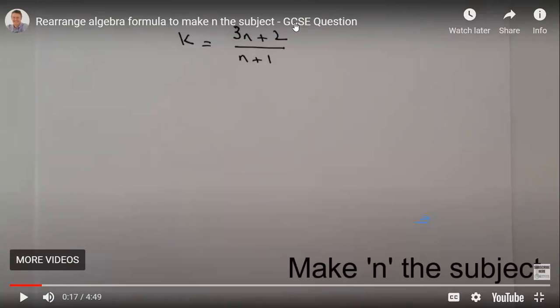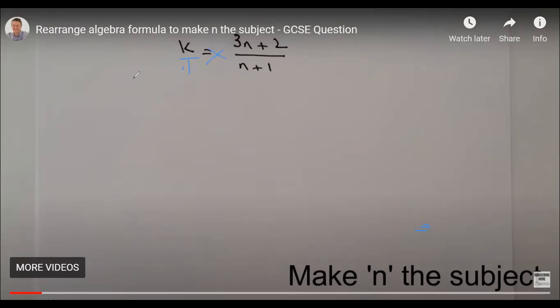So what we do is to first cross multiply, by putting this k over 1. Then we can do the cross multiplication to have k into n plus 1 is equal to 3n plus 2.